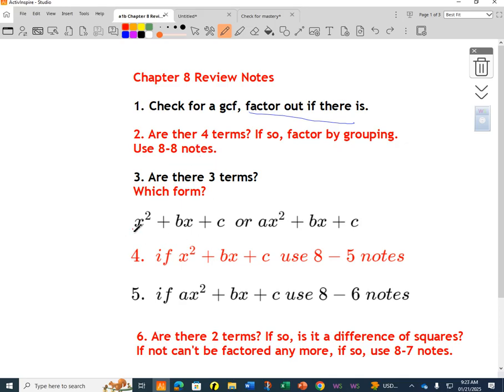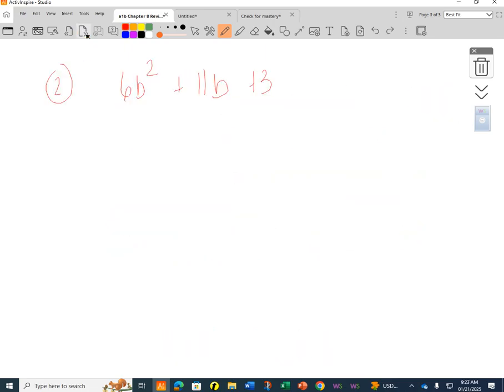So which form? Is it x squared plus bx plus c or ax squared plus bx plus c? Okay. So if it's ax squared plus bx plus c, we're going to use our 8-6 notes. So if you have those, you can get them out and check them out.